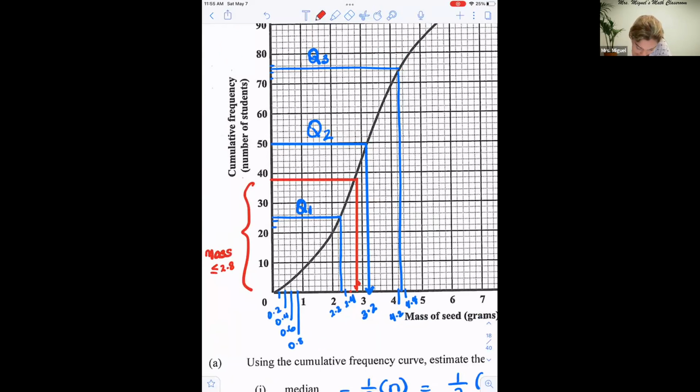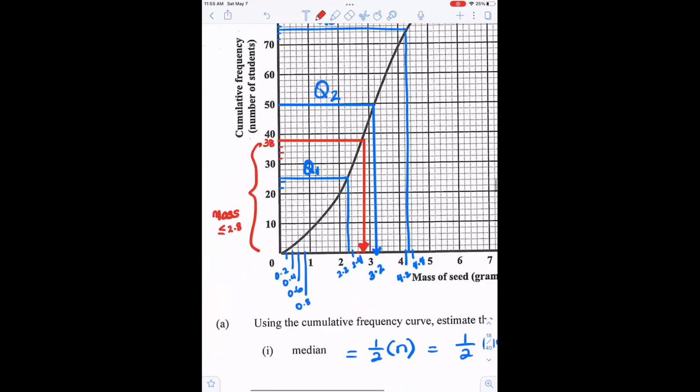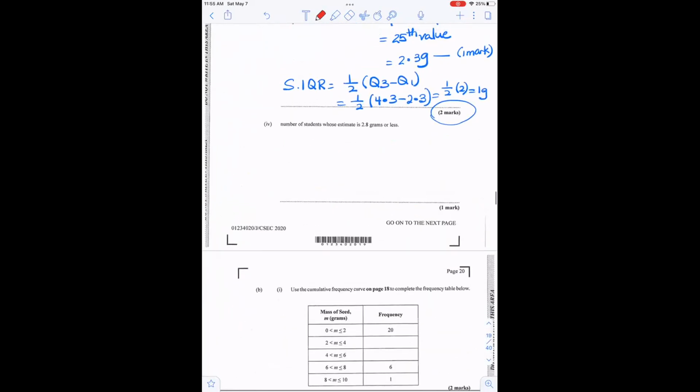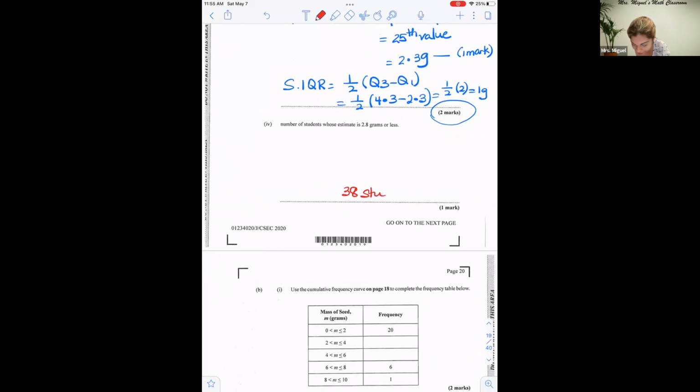What's this value here? 30, 32, 34, 36, 38. Did anybody get 38? Yes, miss. So let's go. 38 what? 38 students.